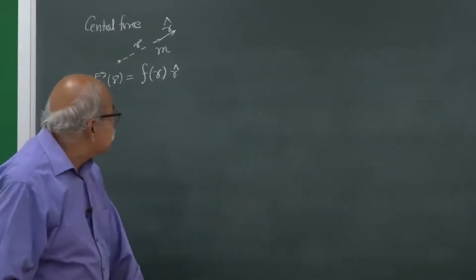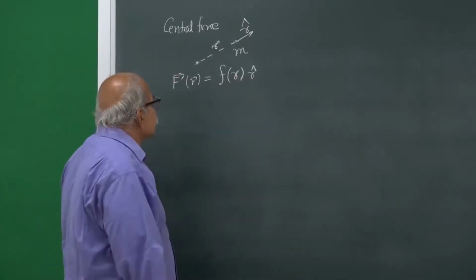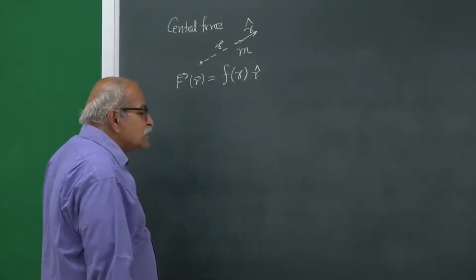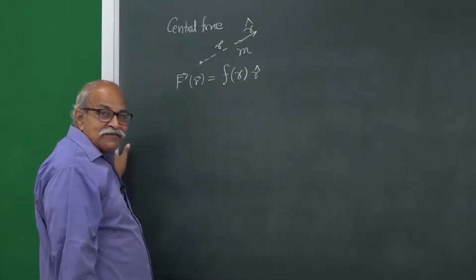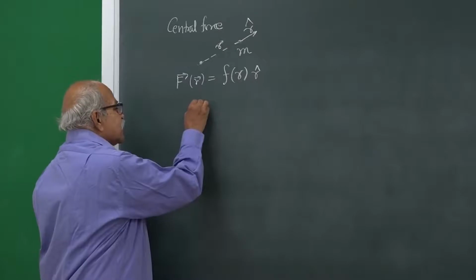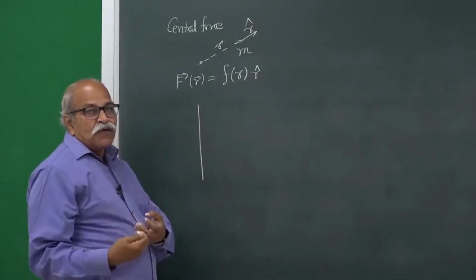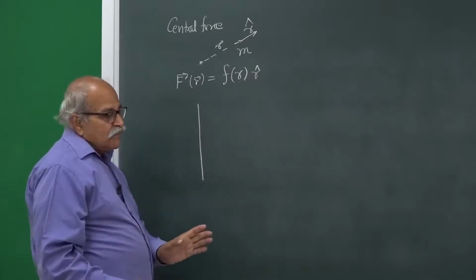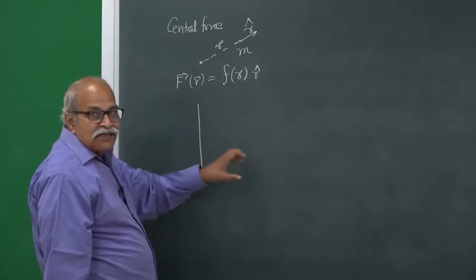Now, suppose this particle is acted upon by this central force, and we ask what is the angular momentum of the particle. How do I write the angular momentum of the particle? So, first let us take some axes, and in this process I will be telling you more about another coordinate system in 2 dimensions, which is known as plane polar coordinates.